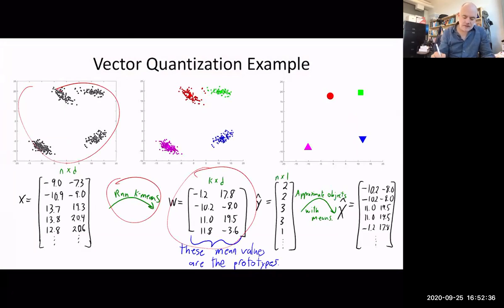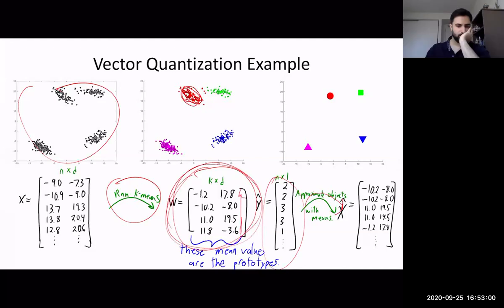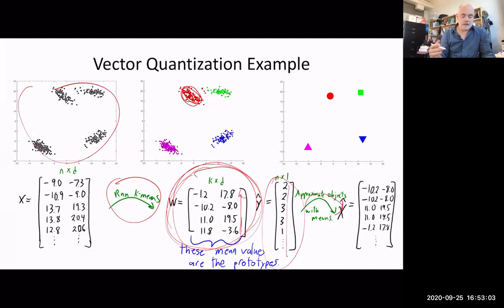But the point is, to represent the entire data set, if you don't care about the variance about the cluster mean, all you need are the cluster means and the labels. You can use that to approximate each data item by just looking up which exemplar each object is a member of, and then using the corresponding cluster mean as that data item.